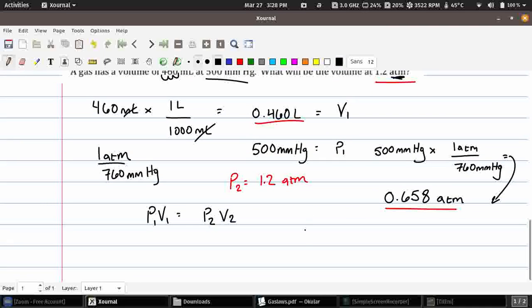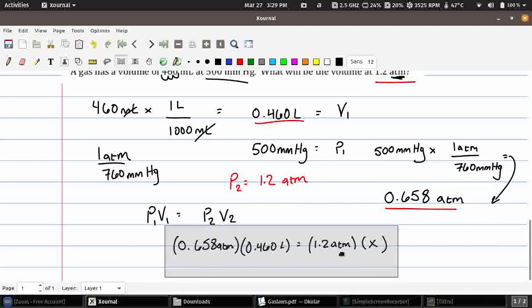So let's set this up. 0.658 ATM times 0.460 liters equals 1.2 atmospheres times X. You can put X, volume 2, whatever, just as long as you know what it is. I'm going to just put X to keep it simple.